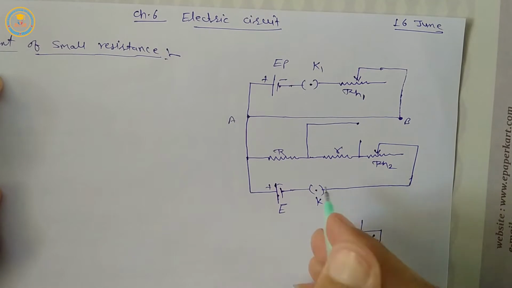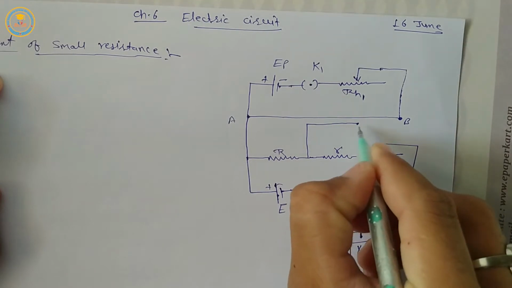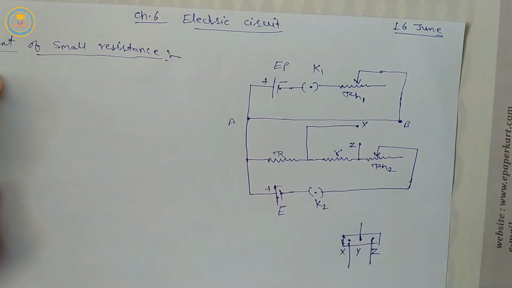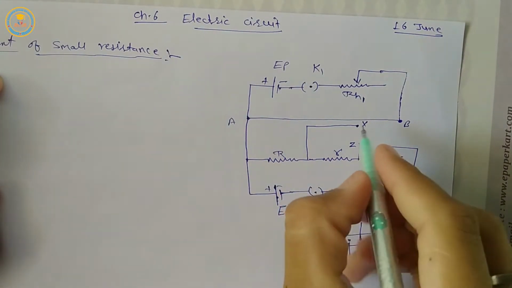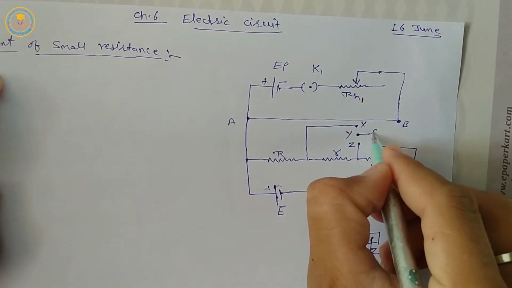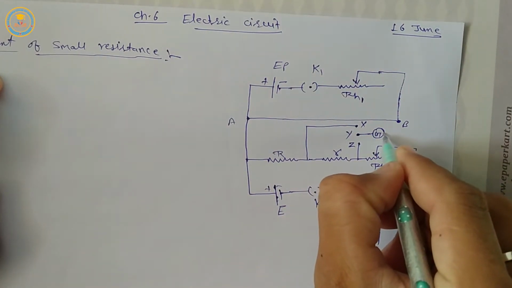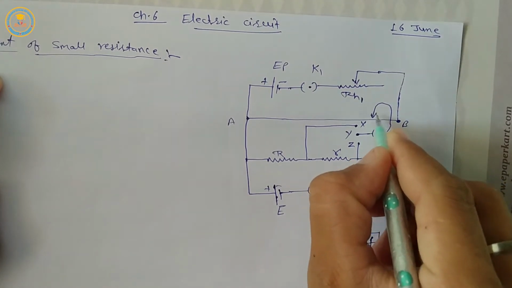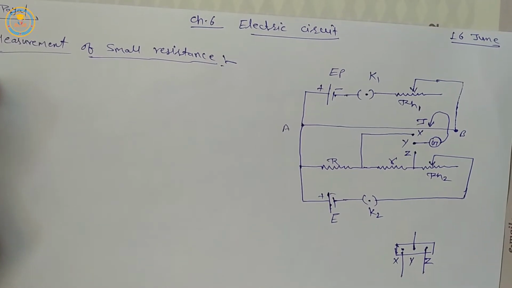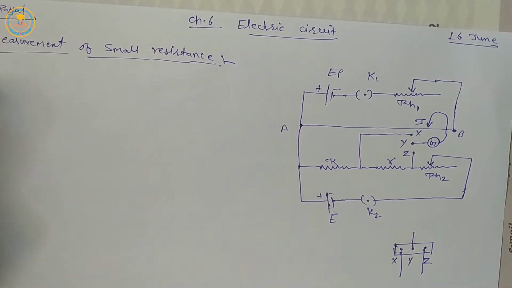So we can say the lower potential ends of capital R and small r are connected to the XZ terminals of the two-way key, and the Y terminal of this two-way key is connected to a galvanometer, and the other end of the galvanometer is connected to a jockey. This is the circuit diagram of a potentiometer. By this diagram we measure small resistance.